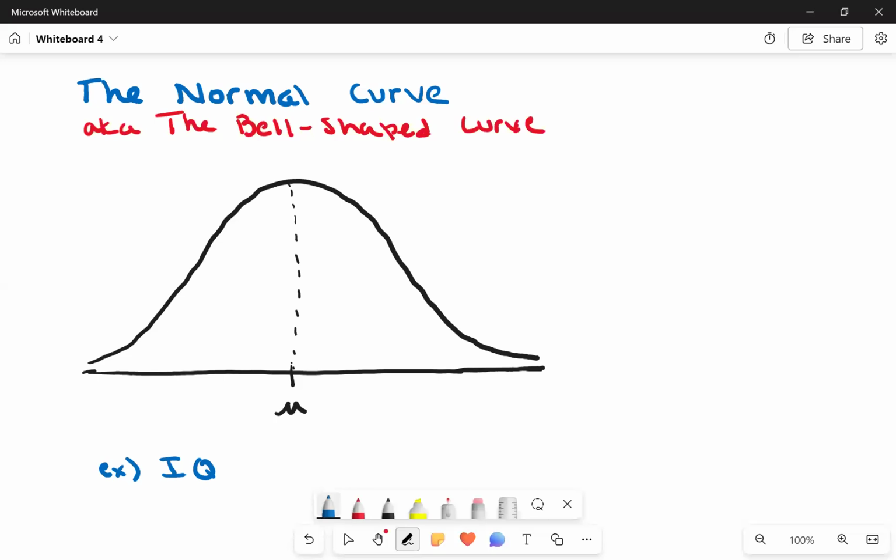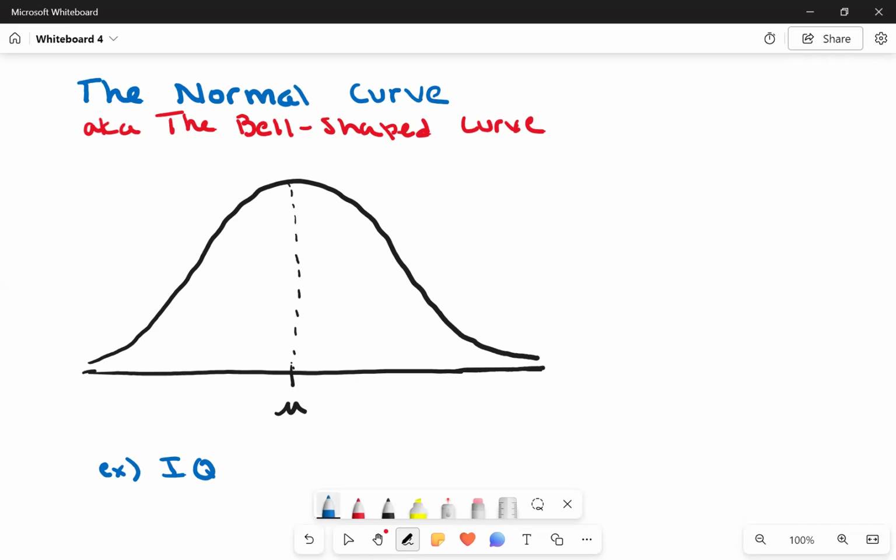IQ falls into the pattern of the bell-shaped curve, and I'm talking about human IQs. Most people are going to fall towards the middle where the average is, and then there are going to be a few people who fall far above average and a few people who fall far below average. IQ follows the bell-shaped curve, or the normal curve.